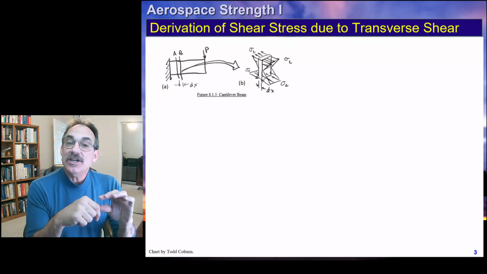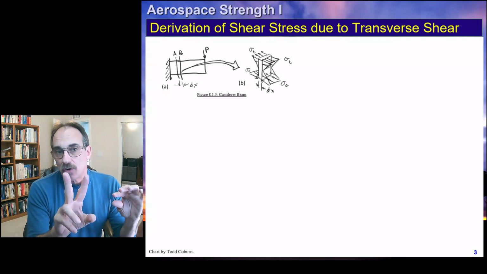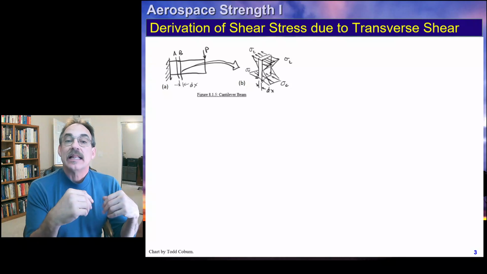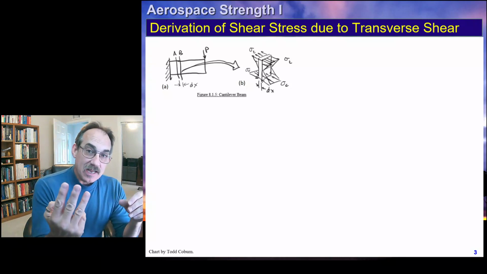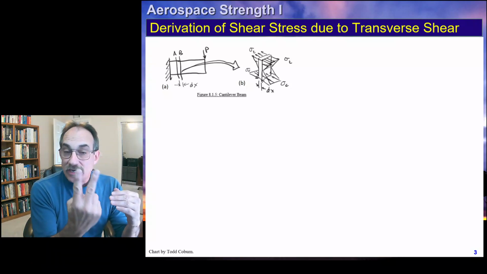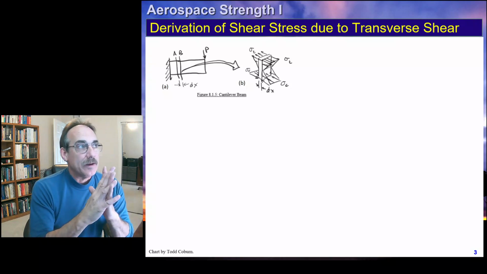But when we have internal shear forces in a beam, it's common to use V as our internal variable for internal shear, like we did when we were calculating deflection. We took the loading function W, we integrated that to the internal shear function V, we integrated that to the moment function, and so on.